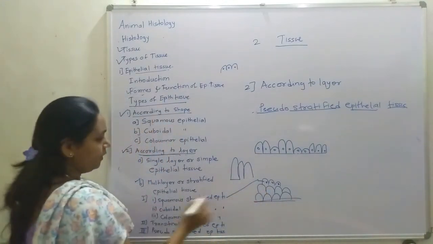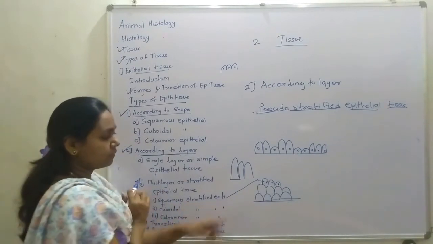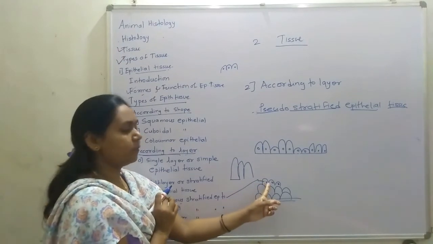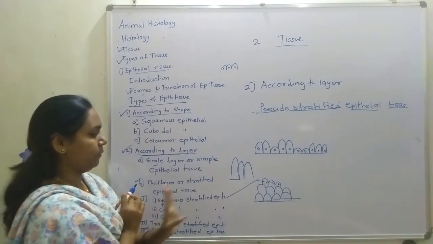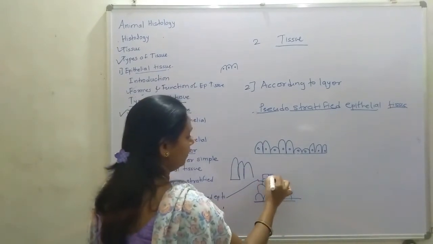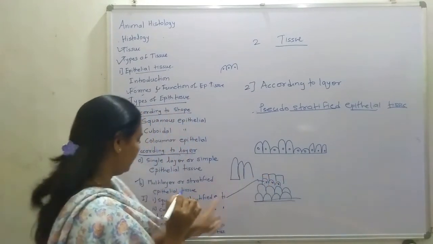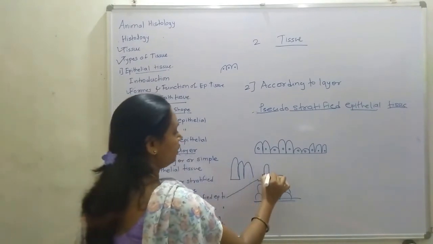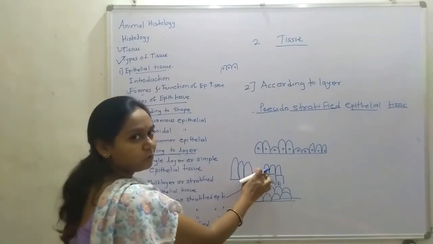Means when the upper layer has squamous epithelial cells, then it is called squamous stratified epithelial tissue. When the upper layer is made up of cuboidal cells, there is a cuboidal stratified epithelial tissue. The upper layer is the columnar, then it is called columnar stratified epithelial tissue.